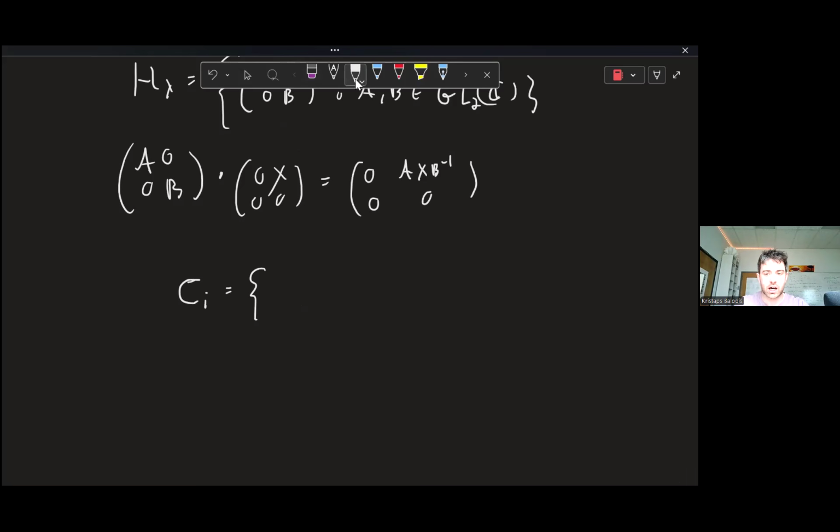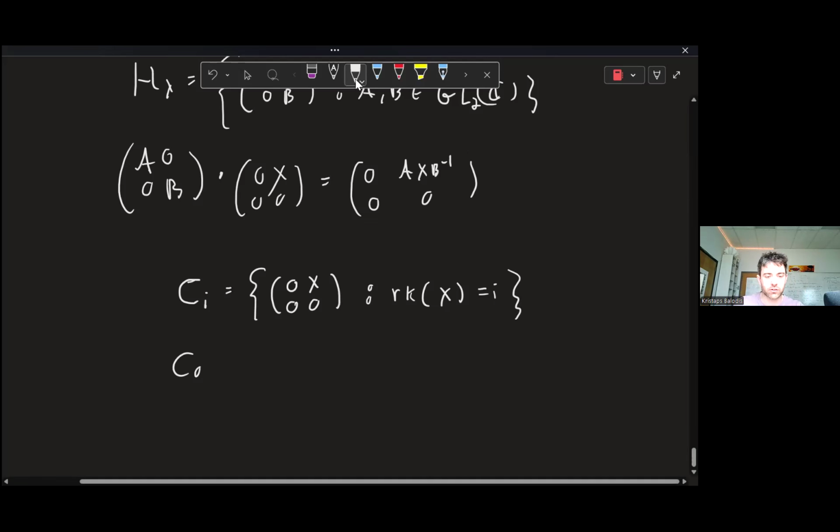So Ci will be the orbit of upper triangular matrices such that the matrix in the upper corner has rank i. And there's 3 possibilities. It's either rank 0 when it's the zero matrix, it's rank 1 when it's the non-zero matrix but has determinant 0, and then it's rank 2 when it has determinant non-zero. So I have 3 orbits.